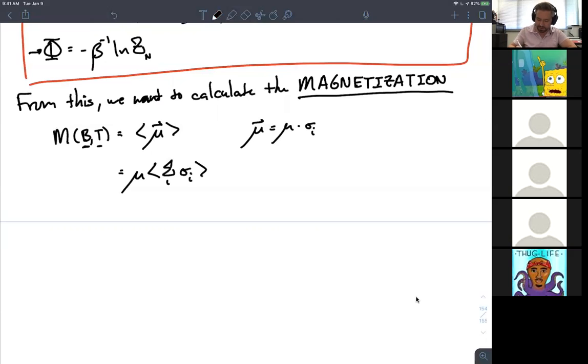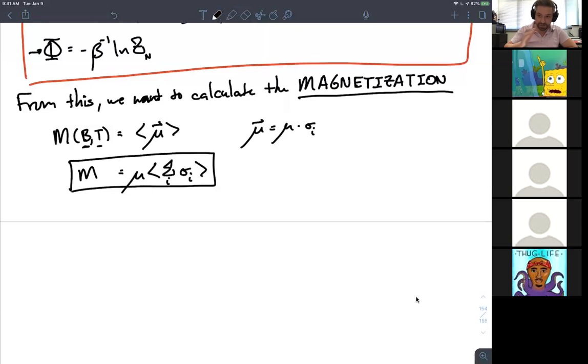So in other words, what we want to do is for each location on the lattice, we want to calculate its average orientation. Well, we want to add up all of the spin variables and then average over all of those possible spin configurations. So this is our goal, to calculate this thing.